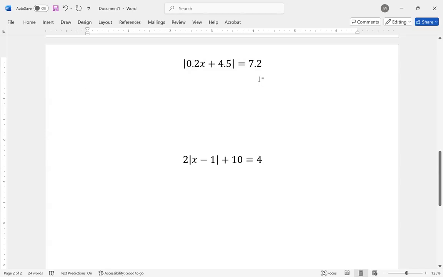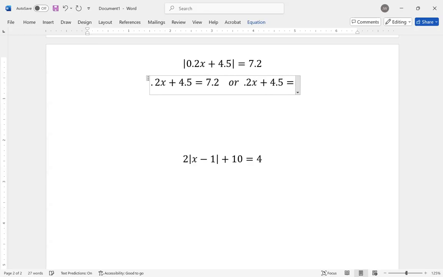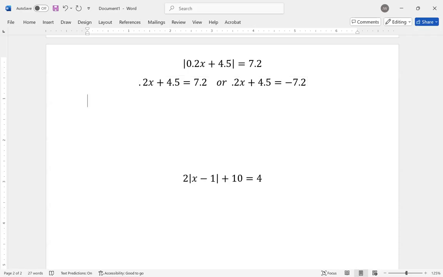So that means the thing inside the absolute value, 0.2x plus 4.5, can either be a positive 7.2, or 0.2x plus 4.5 could be equal to a negative 7.2. Now I have to solve each of these. I would subtract 4.5 from each side in each case.